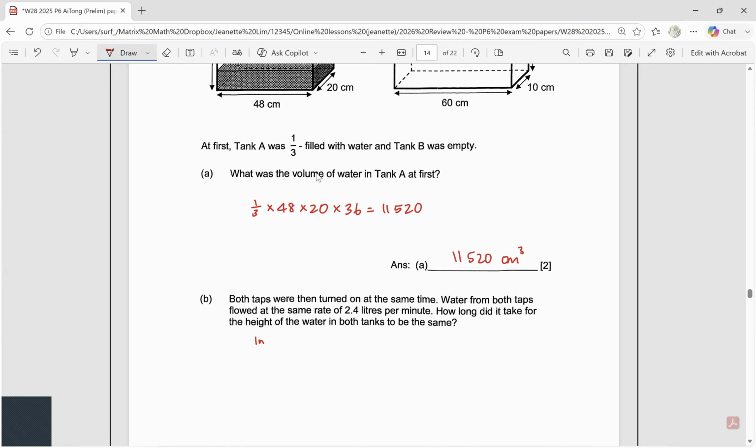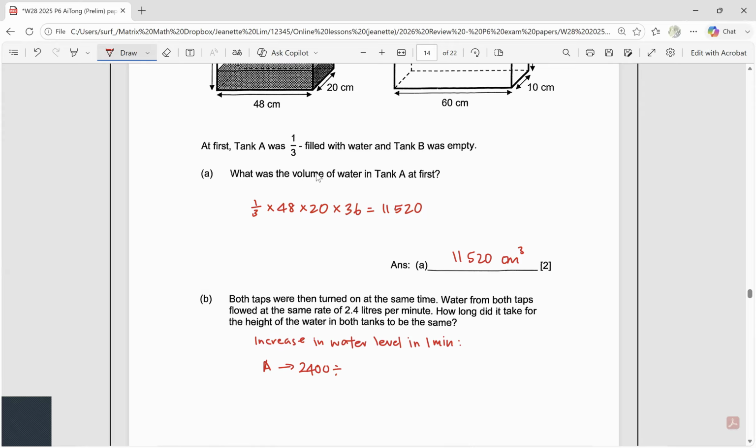So the increase in water level in 1 minute. Okay, for A, 2.4 liters per minute, so 2,400 cubic cm for every minute, right?